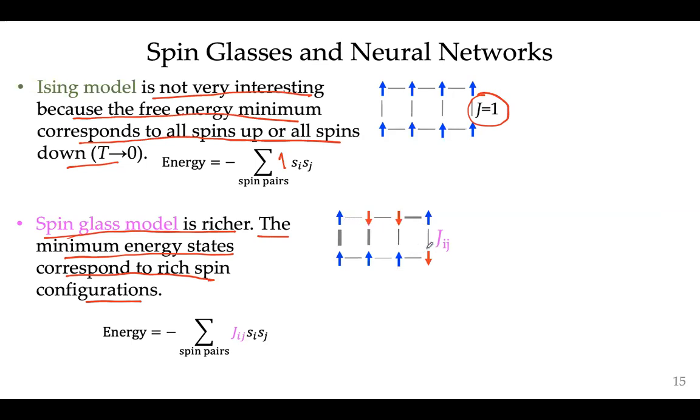This happens because the bonds, or the interaction strengths between different spin pairs, are different. So the interaction strength depends on the spin pair. Instead of 1, now we have Jij, and it can be positive or negative. Typically, it can be a number between -1 and 1, or it can be some Gaussian distribution.